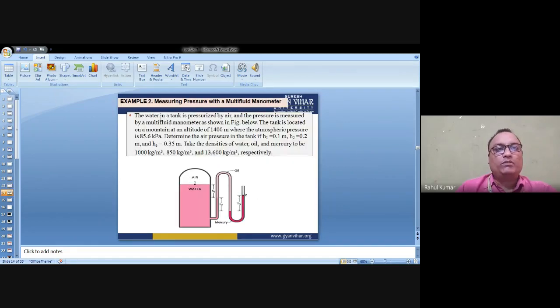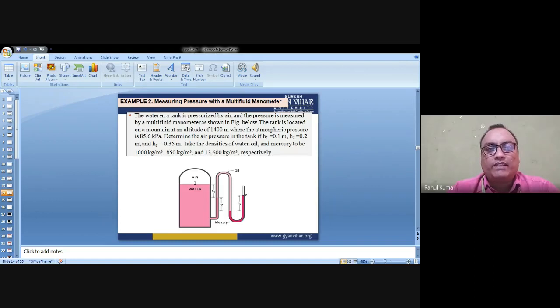This is example number 2, measuring pressure with a multi-fluid manometer. The water in a tank is pressurized by air, and the pressure is measured by a multi-fluid manometer as shown in the figure below. The tank is located on a mountain at an altitude of 1400 meters, where the atmospheric pressure is 85.6 kilopascal.